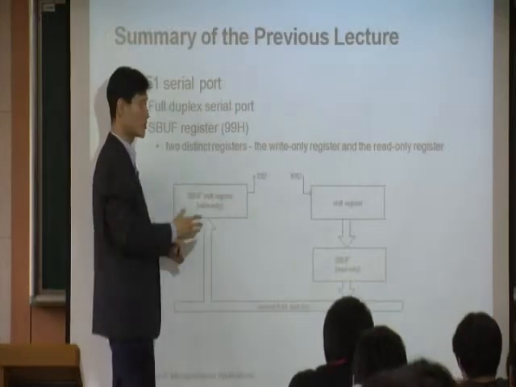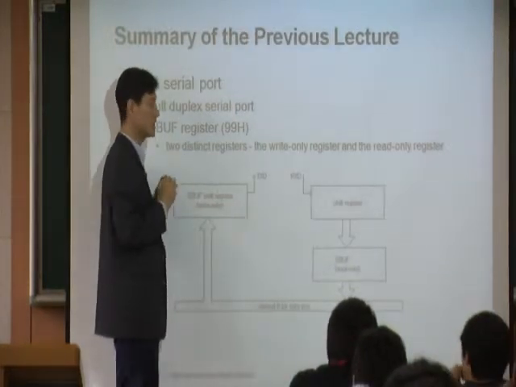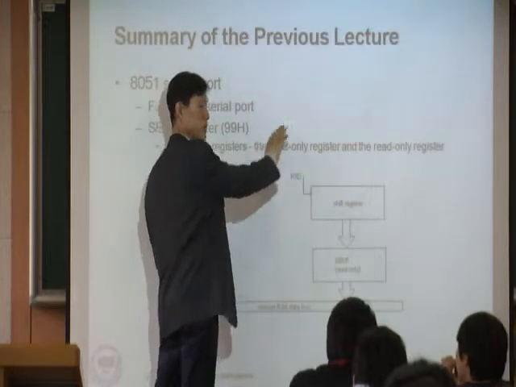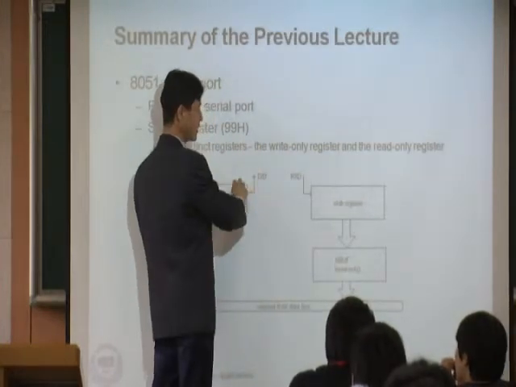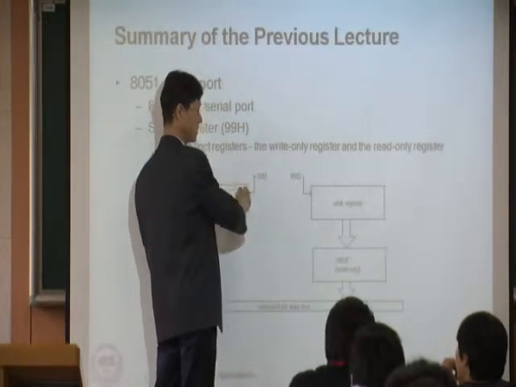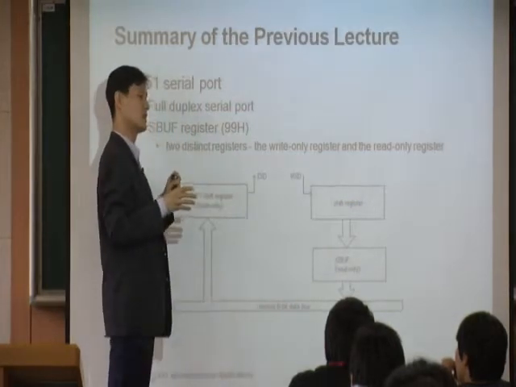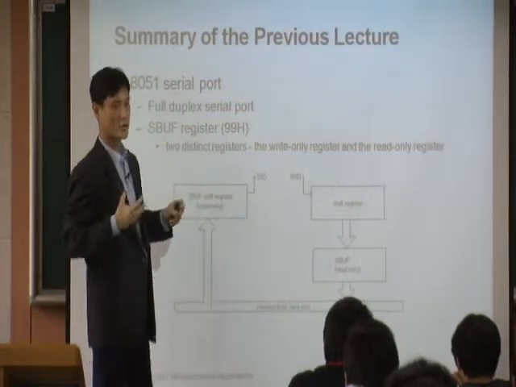So you need to wait. The software has to wait until the hardware finishes all the transmission. After the hardware finishes transmitting all 8 bits, then it's time to write the next letter.